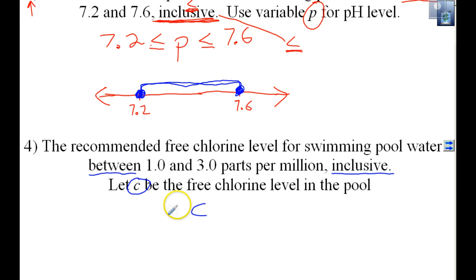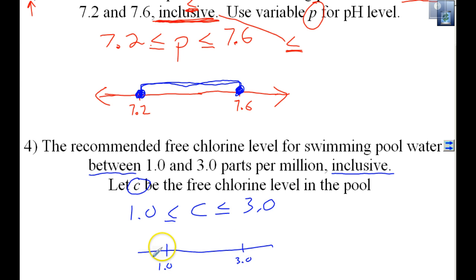So we should have inclusive. It does say inclusive. Less than or equal to, both of them. 1.0, 3.0. Of course, the graph will look very similar. 1.0, 3.0. Inclusive, solid, solid.